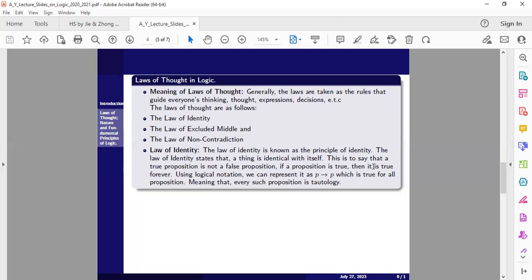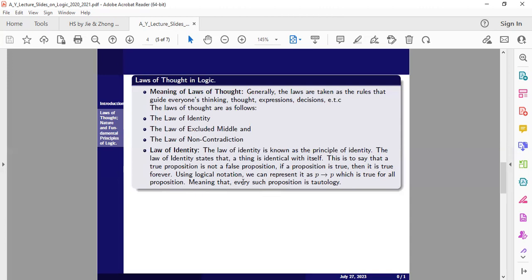This is to say that a true proposition is not a false proposition. If a proposition is true, then it is true forever.